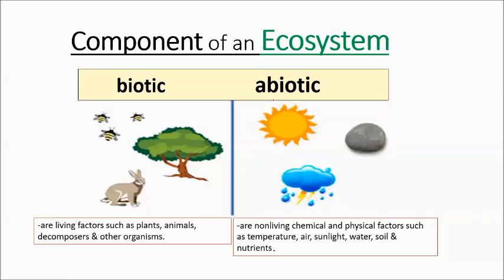Okay, so we have the components of an ecosystem. Ano yung nandoon sa ecosystem? We have the biotic and abiotic. So the word bio meaning living. So these are living factors such as plants, animals, decomposers, and other organisms. On the other hand, abiotic are non-living chemical and physical factors such as temperature, air, sunlight, water, soil, and nutrients in the ecosystem.